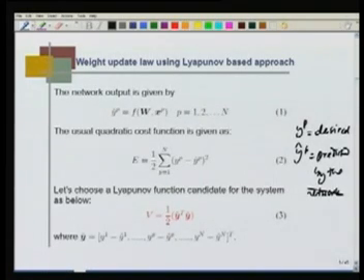Now, for such a network, let us choose a Lyapunov function candidate for the system as below. V is half y tilde transpose y tilde.